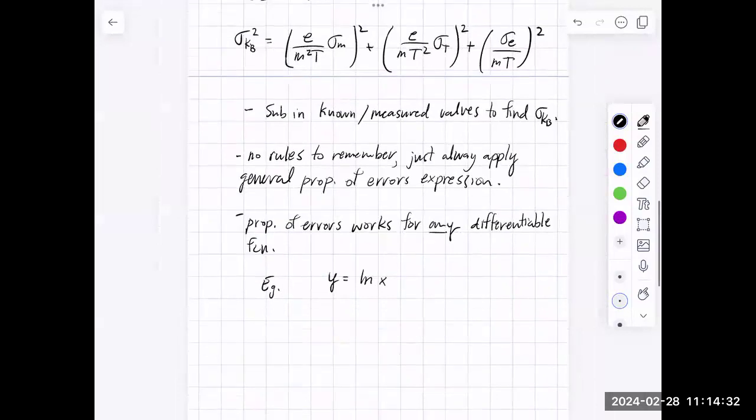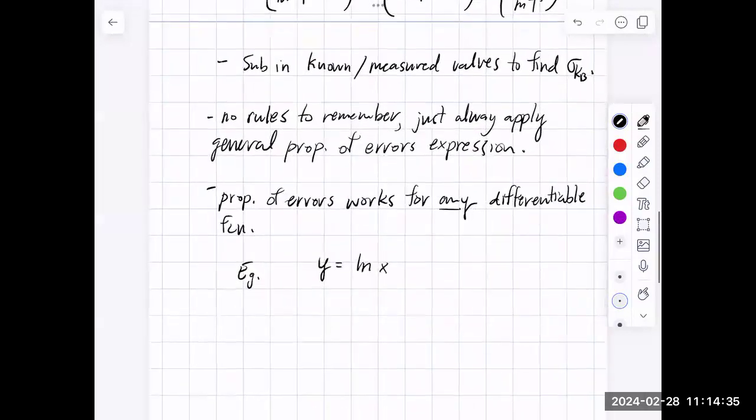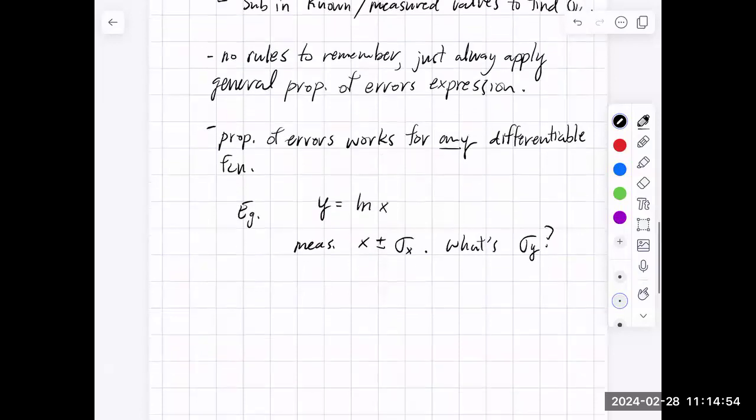You could think of blackbody radiation: you measure the intensity, and you have to take the ln of the intensity in your plots, so this is something that we encounter. So we measure x plus or minus sigma x, and the question is, what's sigma y? By propagation of errors, sigma y squared is going to be the derivative of y with respect to x times sigma x, squared.